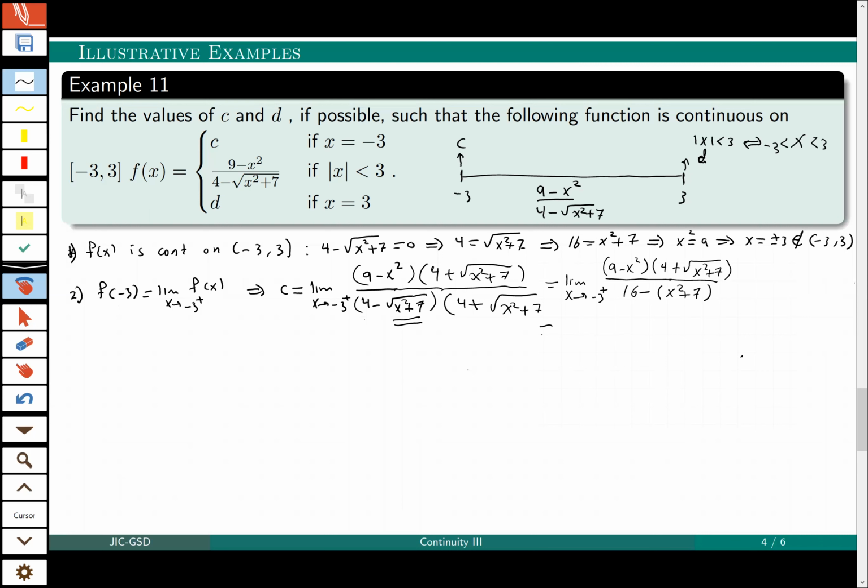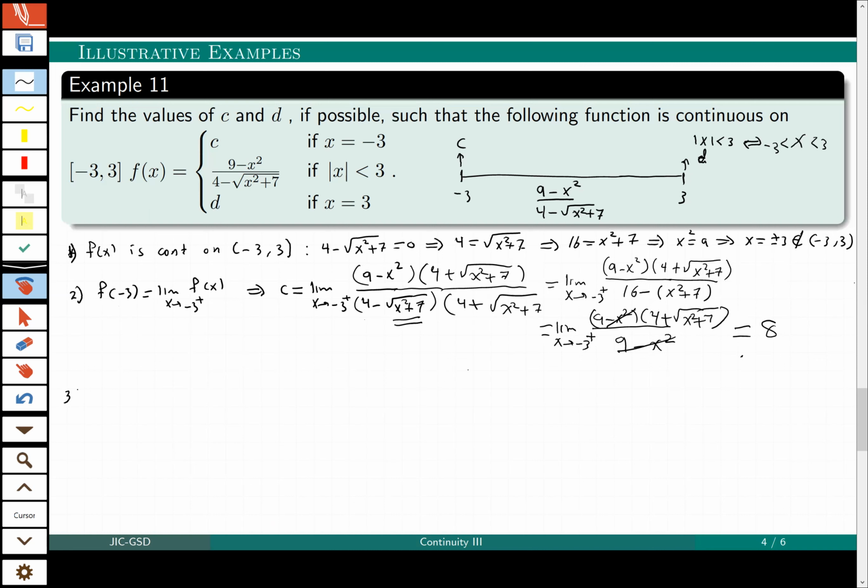So that equals the limit when x goes to minus 3 from the right of 9 minus x squared times 4 plus root x squared plus 7, over 16 minus x squared minus 7, so it will be 9 minus x squared. So these cancel, and you get C equal to 8.